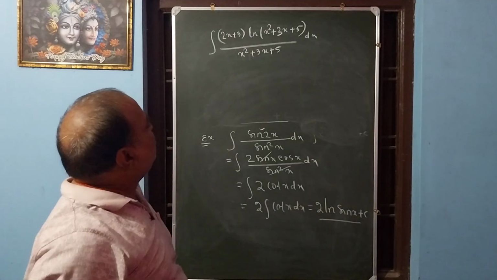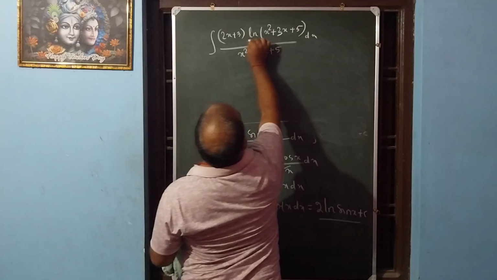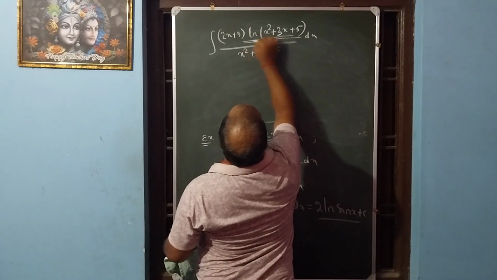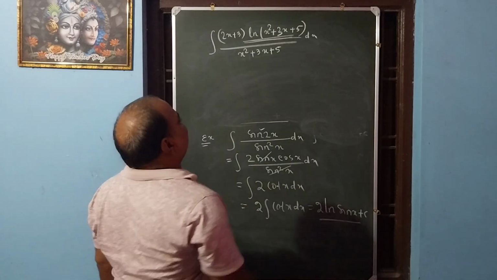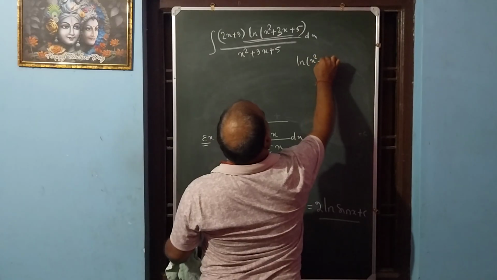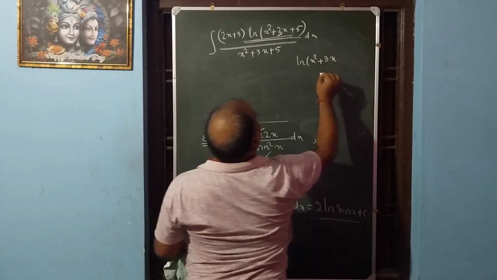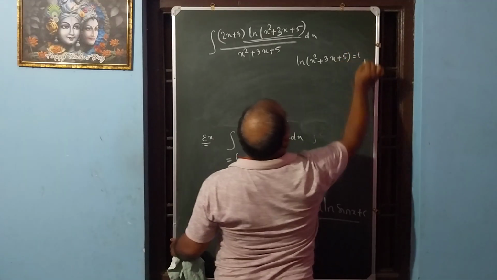This is one question. We have to take this quantity as t. Let ln of x square plus 3x plus 5 be equal to t.